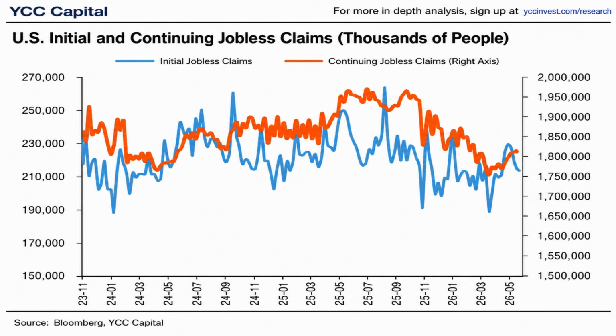This distinction is important. Workers are finding it somewhat more difficult to secure their next position, but businesses are not initiating widespread layoffs. The labor market has clearly become less dynamic than it was during the reopening boom, yet it continues to display remarkable resilience by historical standards.